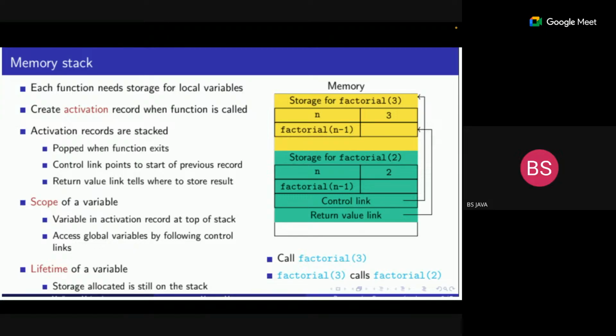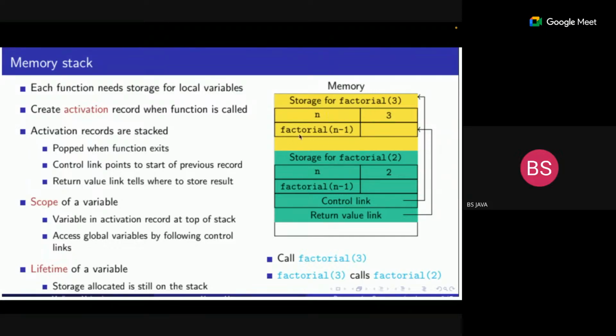So an activation record is kind of a small part of the stack, and it has some information related to that function call. It can be the local variables inside that function and some other things.